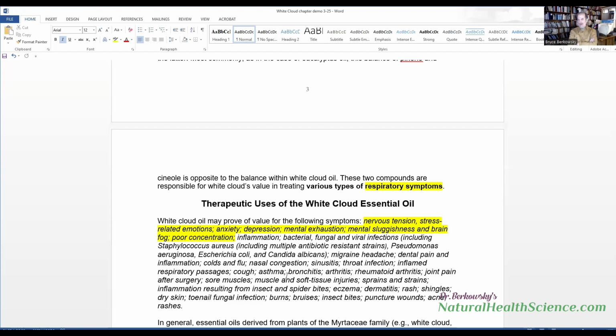Now, here is the caveat. Just because it has these general symptoms in its symptom picture doesn't mean that it's the go-to oil for every case of anxiety or every case of depression, only certain ones. Well, how do you know which ones? How do you know which ones it's relevant for? That's what we're going to find out.